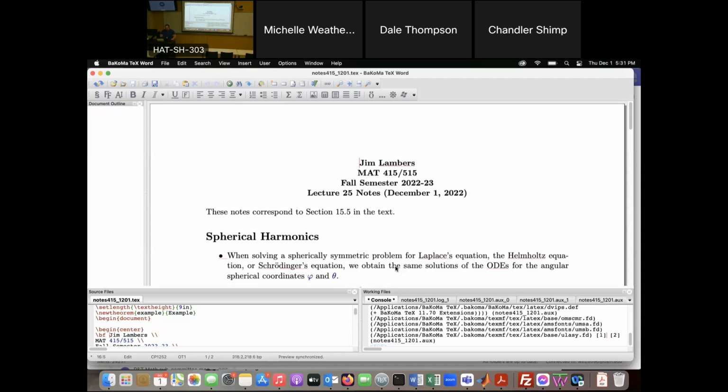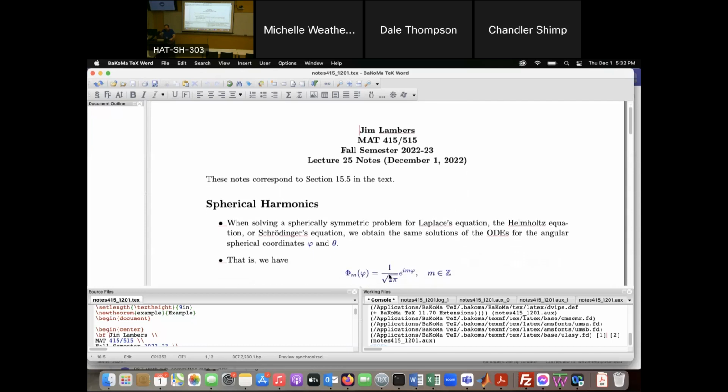We break the PDE, whichever one you have, down into ODEs corresponding to the three spherical coordinates, so r, phi, and then theta. And what happens is the ODEs corresponding to phi and theta end up being the same.